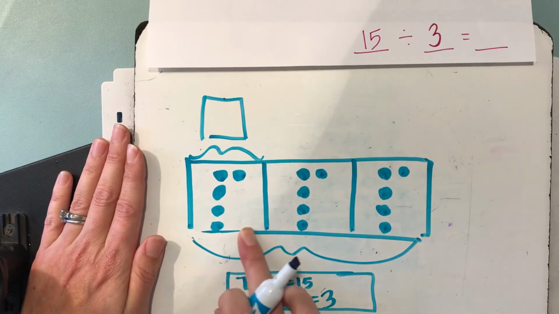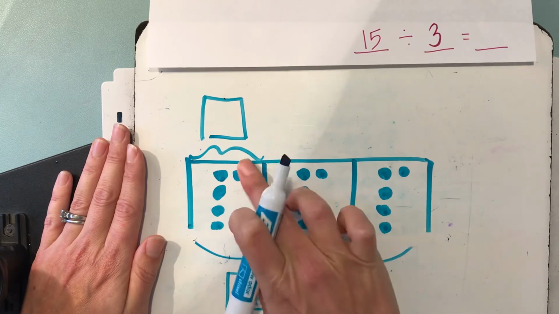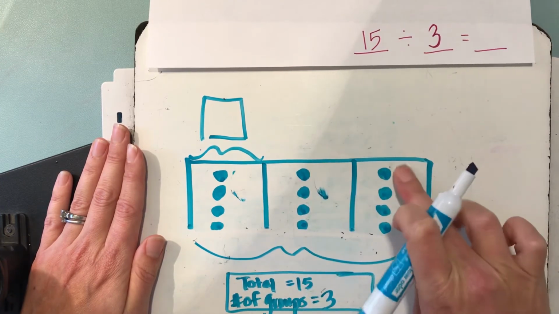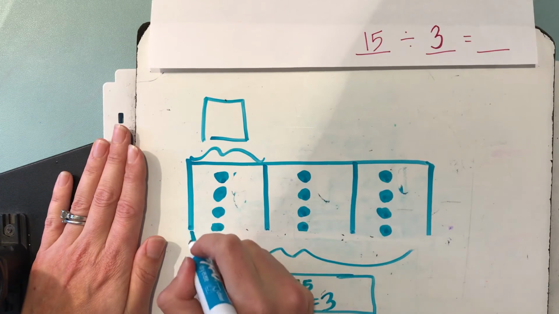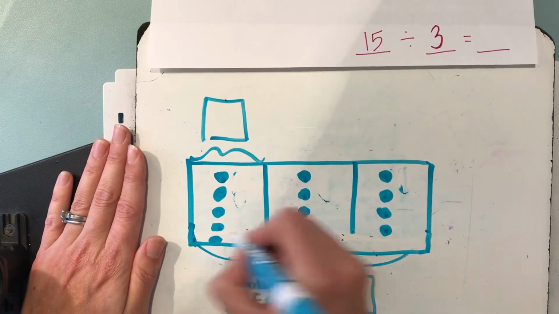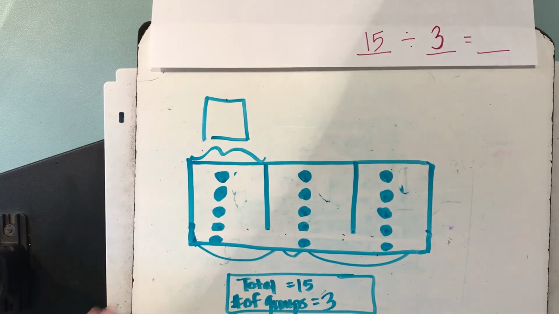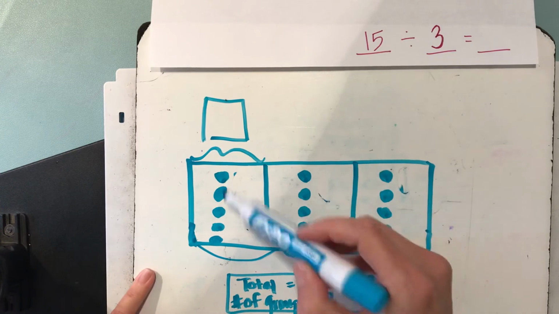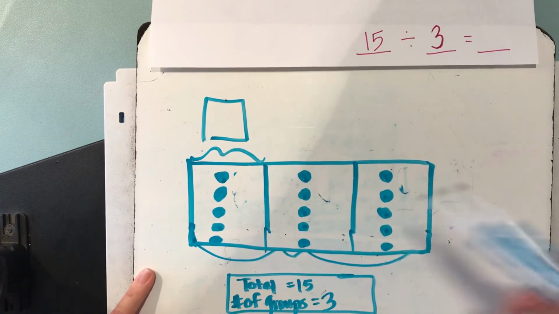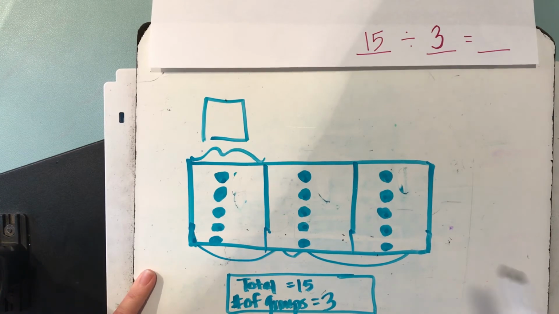Hold on, let me erase this. We need to make it a column, and that didn't look like a column, right? It looks like a 7, or a backward 7. I'm just gonna move this down. That's the nice thing about the whiteboards, so you can erase your work. Now I got columns. There we go. Okay, so now I can figure out how many are in each group or in each box, remember?